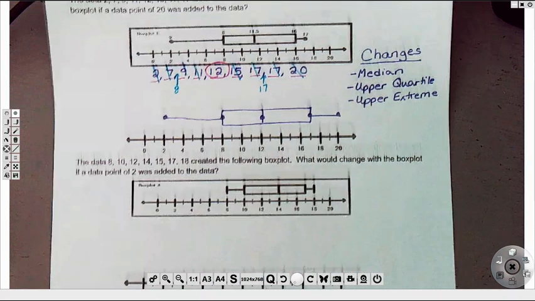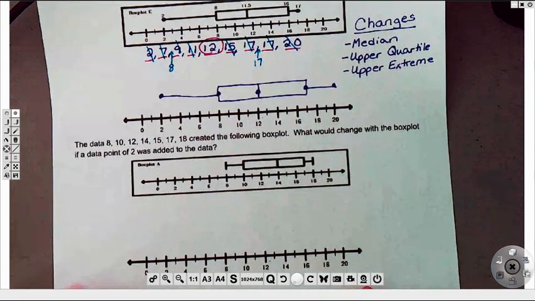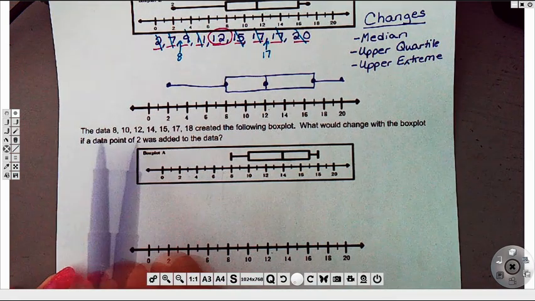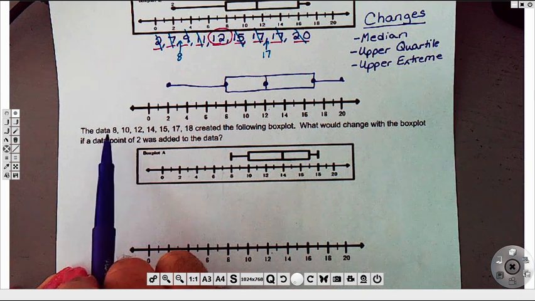So we have another set of data, but now it's saying if I were to add the data point of 2. So this is a lower number. So it's going to change my lower extreme definitely because it's going to go from 8 to 2.